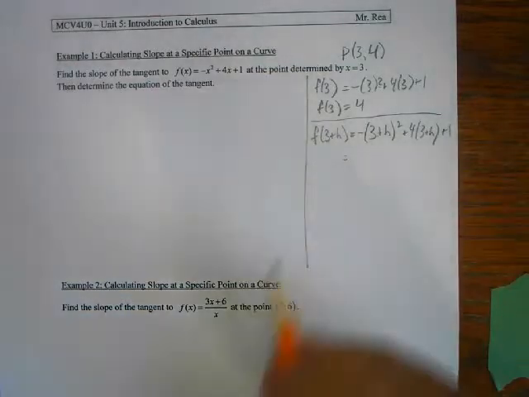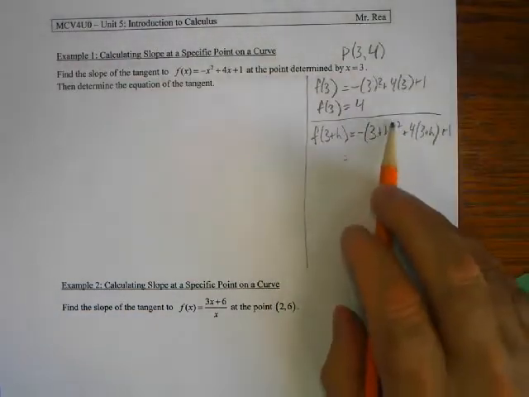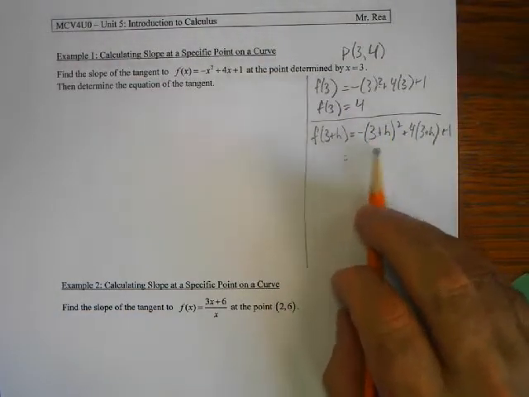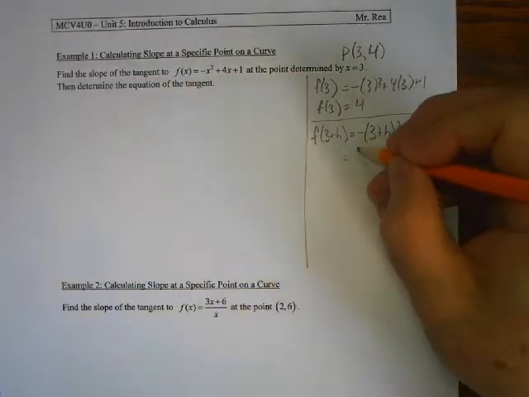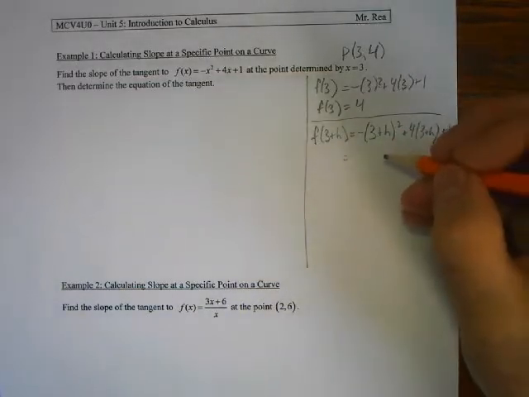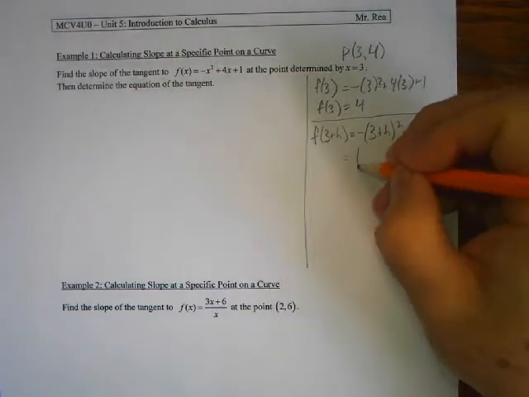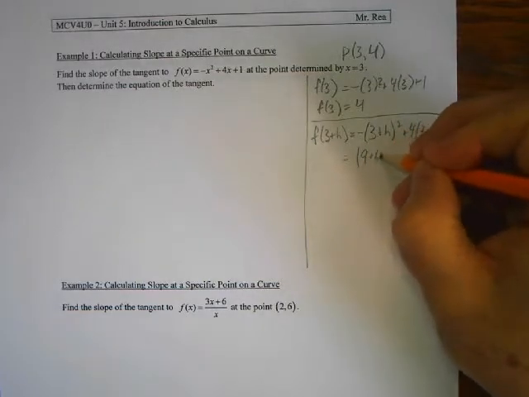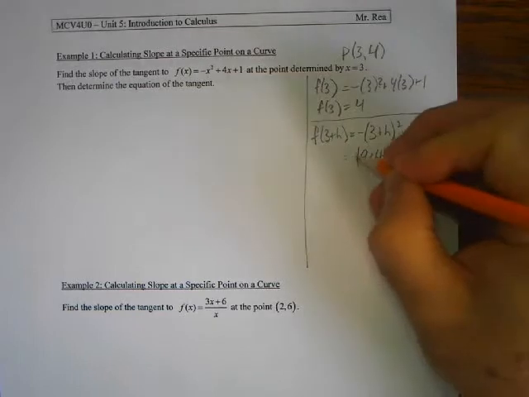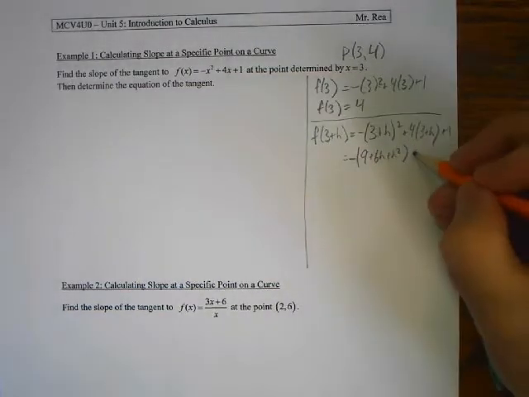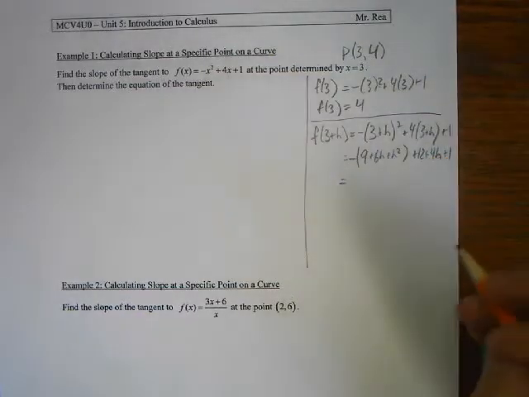Now, when we do the squaring, don't forget that's a binomial squared, so it's going to be, I'll put this in brackets, 9 plus 6h plus h squared, but it's all negative. And then we have our 12 plus 4h plus 1.